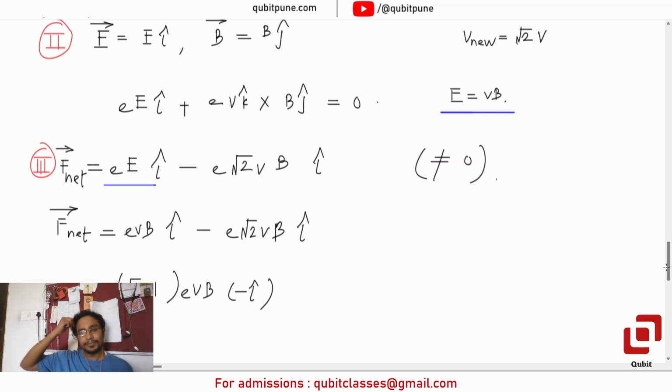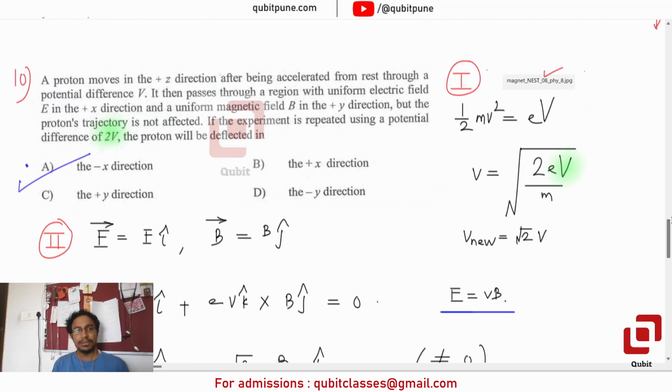Sir, when it said that the trajectory remains the same, I understood acceleration is zero, which means force is zero. And if the voltage increases, the electric field would increase in the opposite direction. How is the electric field increasing? The electric field is constant. These two are not changing either in magnitude or in direction, right?